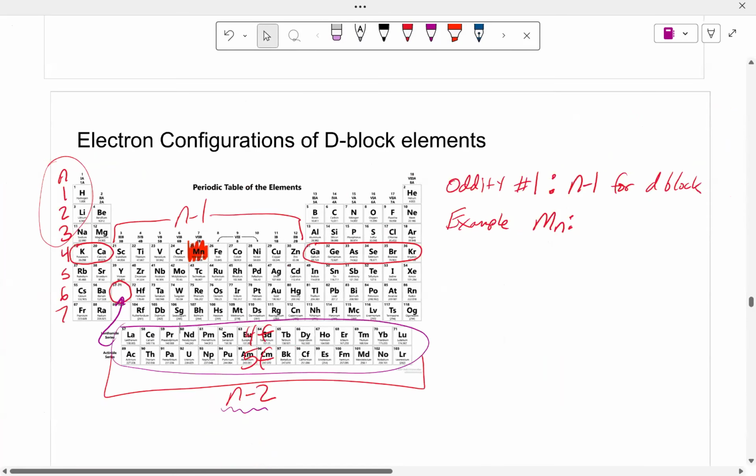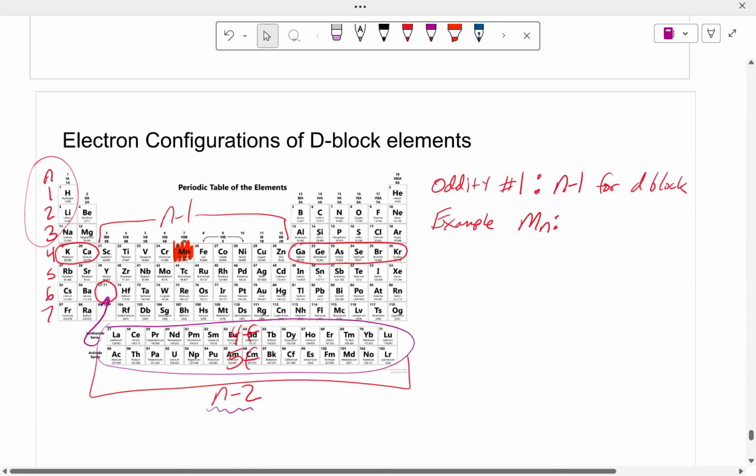Now I'm going to show you something cool that you can do with electron configurations. And you're allowed to do this for atoms that go below the third row. So I say this a lot in my OChem class, but chemists sometimes are lazy. And so if we can shorthand stuff, we're going to do it.